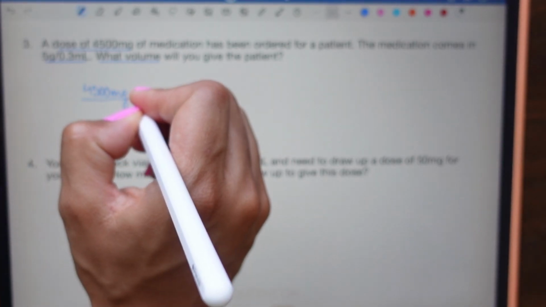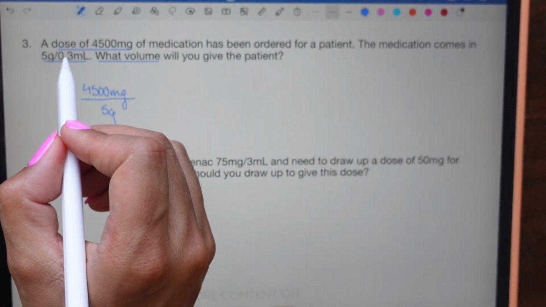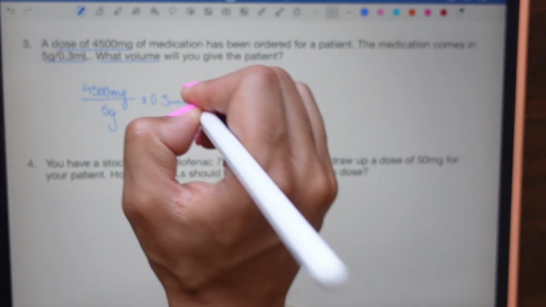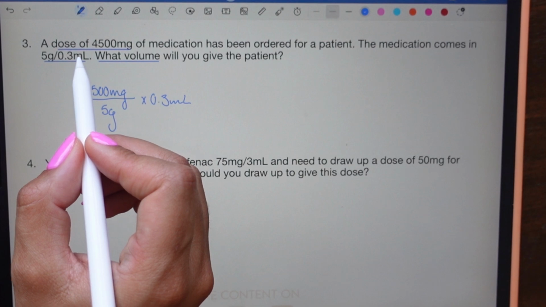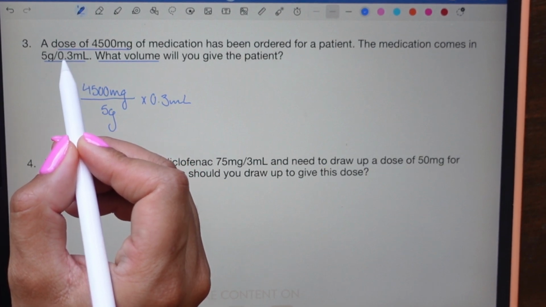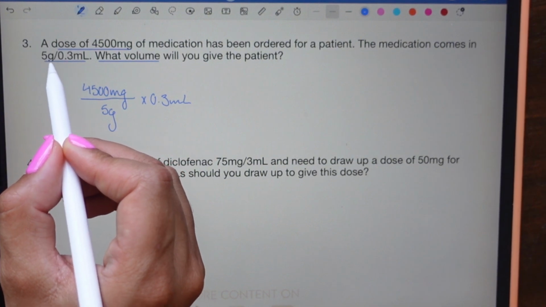And what do we have? We have 5 grams, getting that from here. And then our volume is 0.3 milliliters. So again, what that means is that somewhere in the world, there is an ampoule or a vial that if you draw up 0.3 milliliters, that is the equivalent of 5 grams of medication.